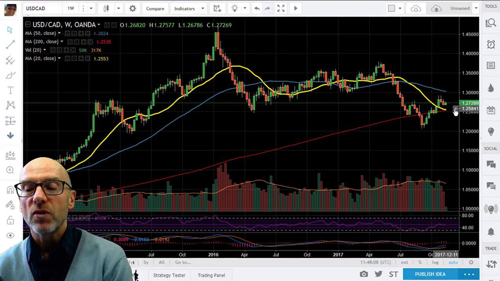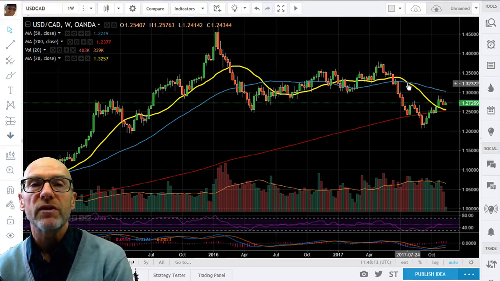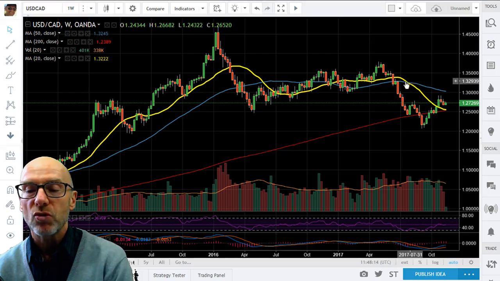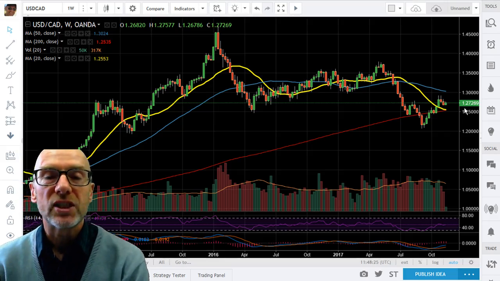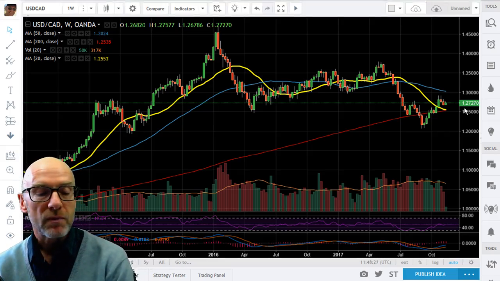Other factors on this chart, the moving averages, the 20 did cross the 50 in a downward bearish cross direction, be aware of that, but the 200 week moving average is moving up and would give support. That's presently at 125.35.